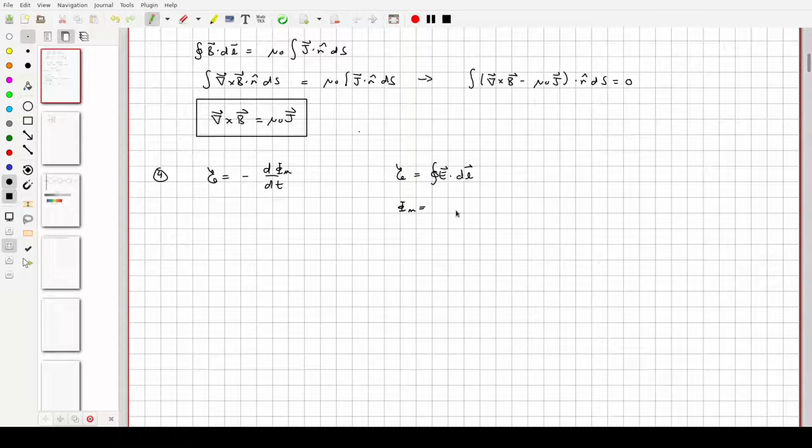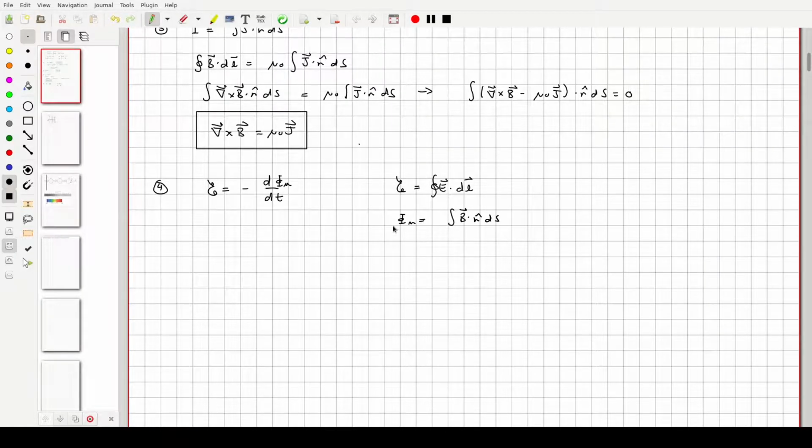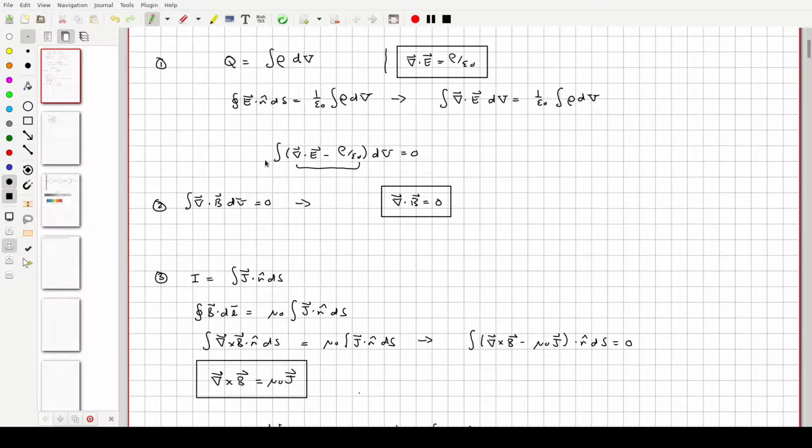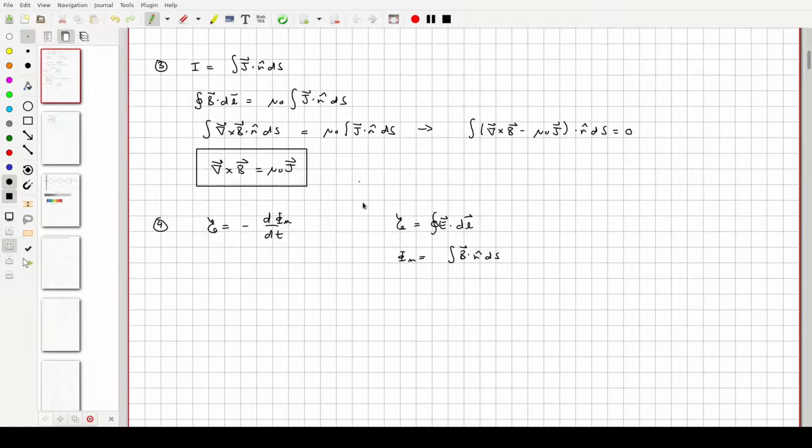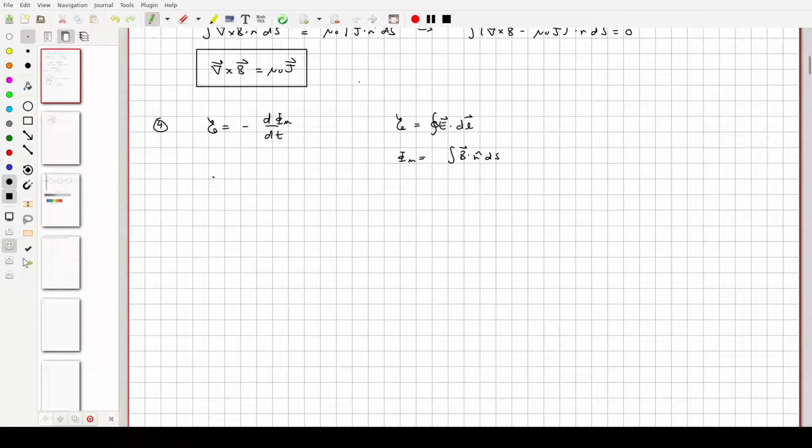The magnetic flux is equal to B dot n hat ds, right there. And so what I'm going to do is use Stokes' theorem on this. Stokes' theorem says if you were to look at this equation right here, let me just write it out.